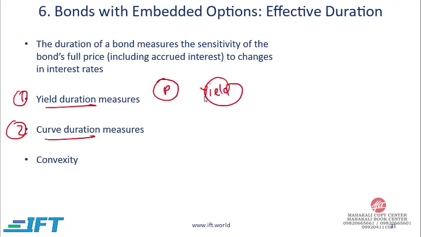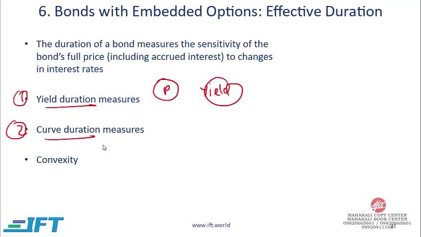This measure works well for bonds where cash flows do not depend on interest rates. So yield duration measures work for straight bonds. They do not work for bonds with embedded options. For bonds with embedded options, it makes sense to use curve duration measures.